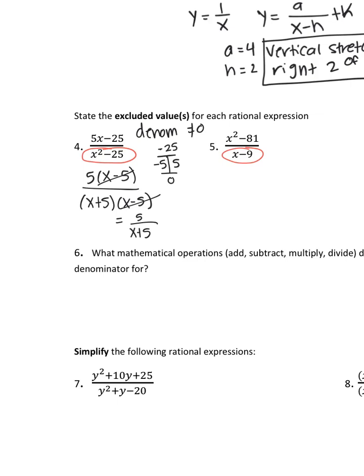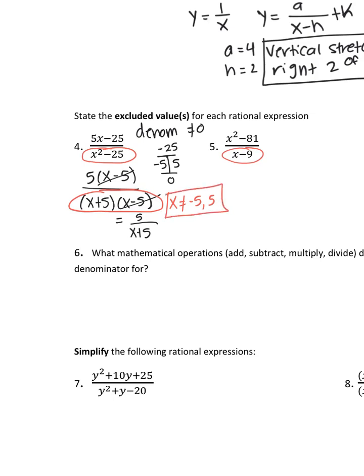But remember, I'm looking at the original denominator. So even if I canceled that factor, I still have to take it into account when I'm doing that domain restriction or excluded values. So for this question, I'm going to look at the denominator, and I'm going to flip the signs. So x cannot be equal to -5 or +5.